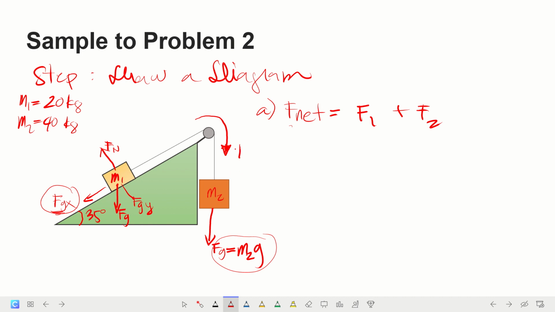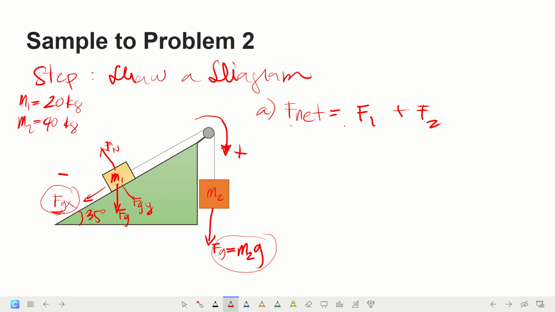So the direction of the acceleration is positive, therefore the force that is causing this acceleration is our positive force. The force that is opposing the direction of our acceleration will be considered as our negative.